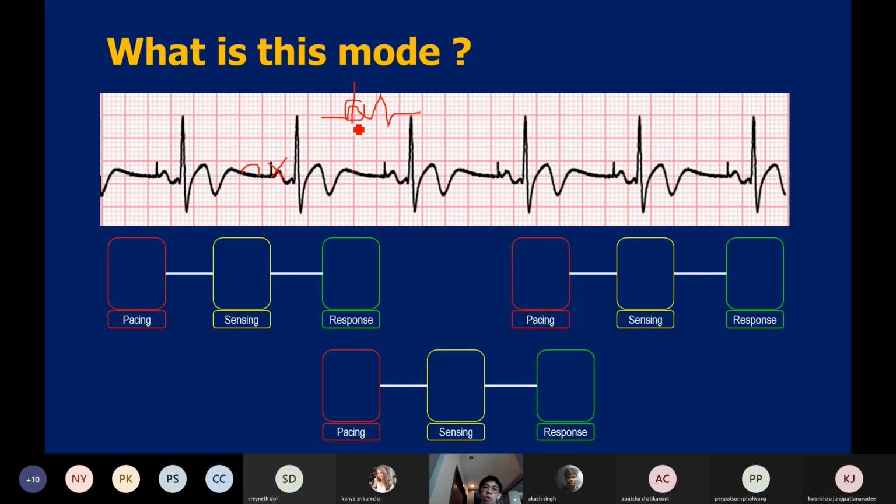So we don't usually use this mode anymore. We use this mode, as I mentioned earlier, to terminate some types of tachycardia.